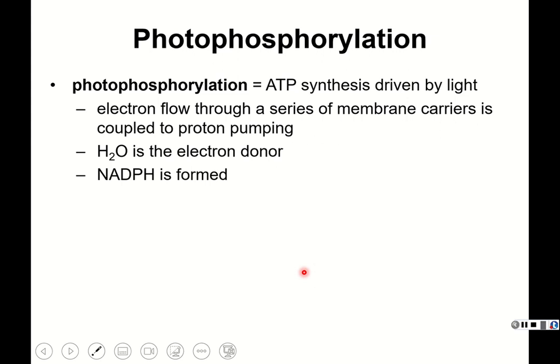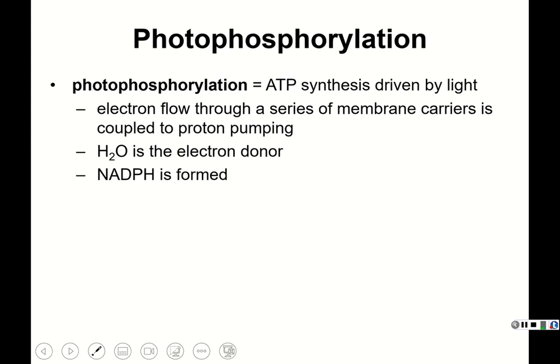Okay. So we, again, just like in the mitochondria, have electron flow through a series of membrane carriers, and we couple that to proton pumping. And H2O is the electron donor in this case, and by giving up its electrons, it turns into O2. And you remember from the electron transport chain, that's the opposite of what happens, right? We have O2 being the ultimate electron acceptor.